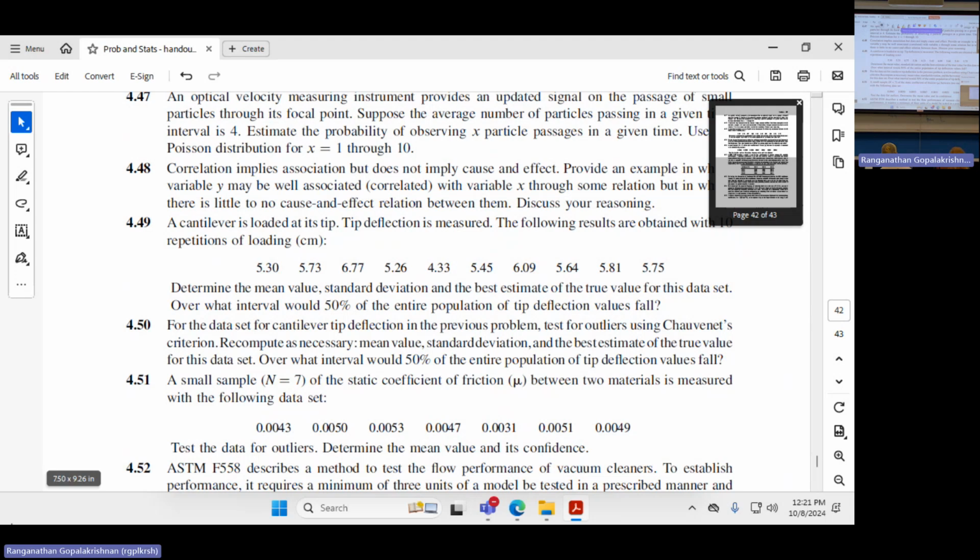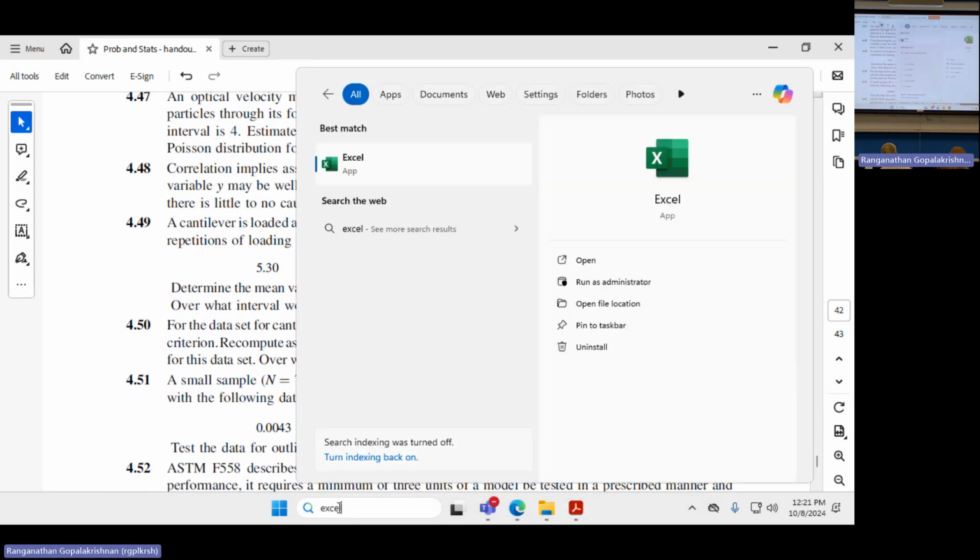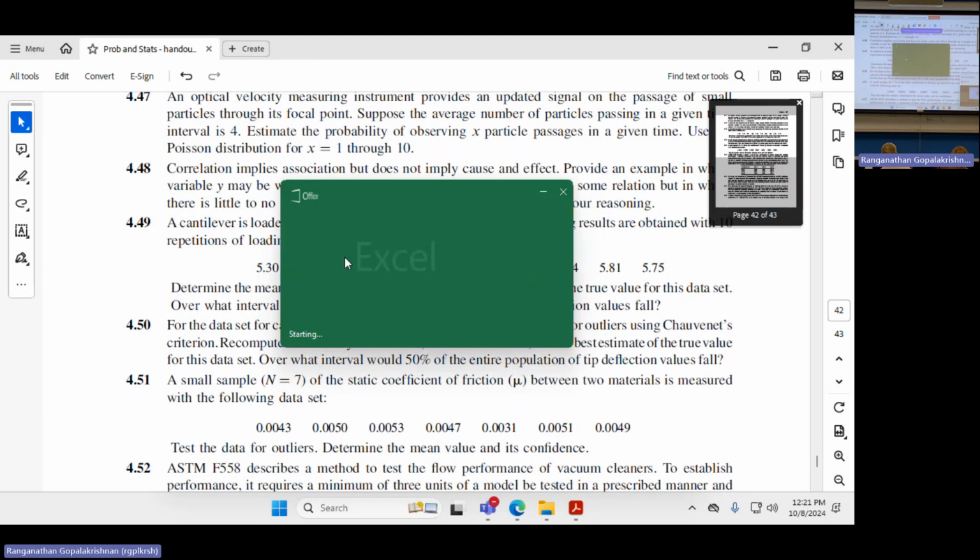So I'm going to use Excel to just keep it easy and quick for us.